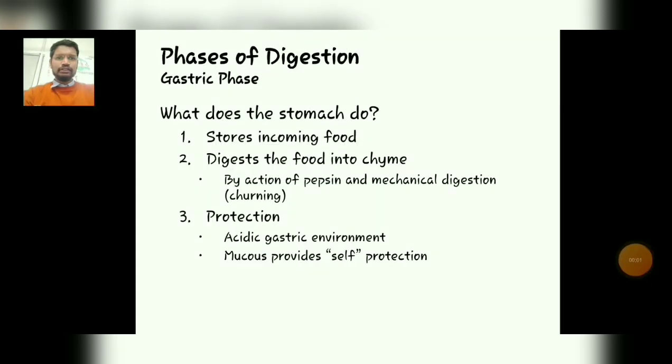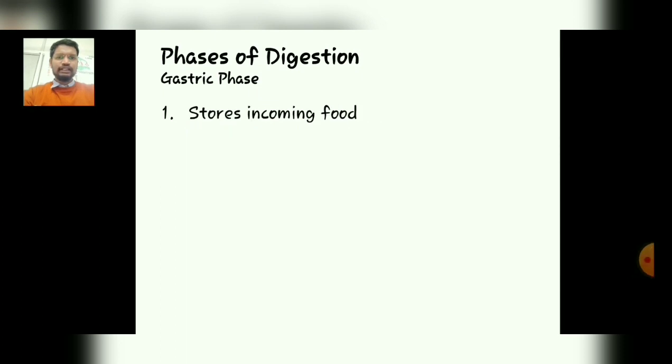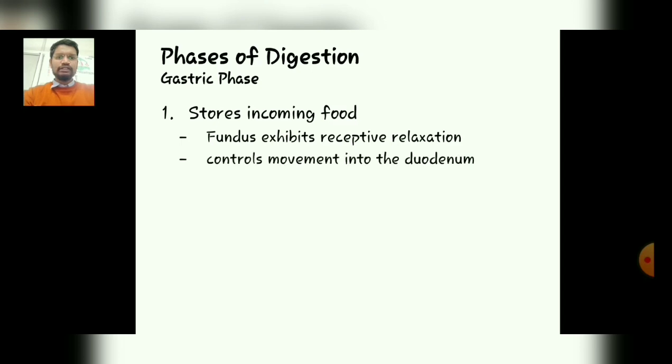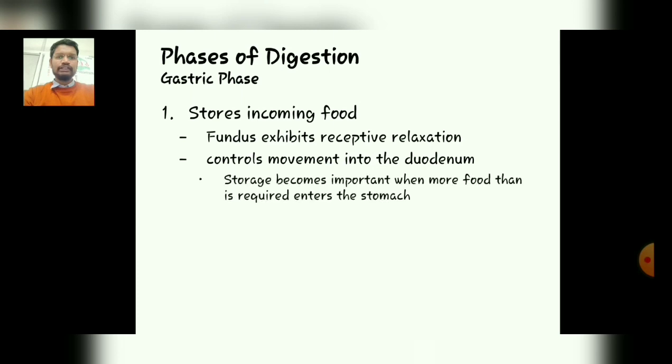So coming to the next point, that is the functions of the gastric phase. It stores incoming food, where the fundus exhibits receptive relaxation, and it also controls the movement of food particles into the duodenum, which is the second part of the intestine.